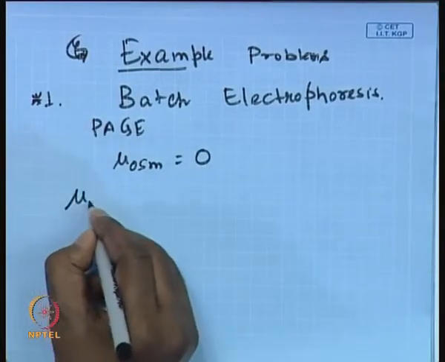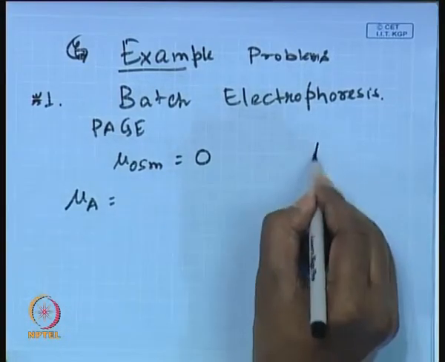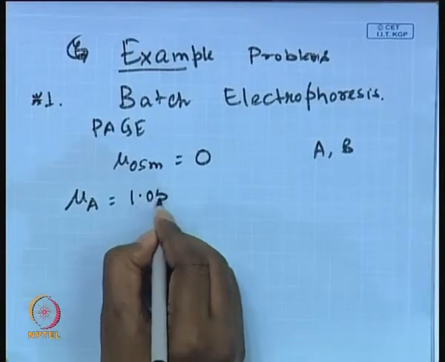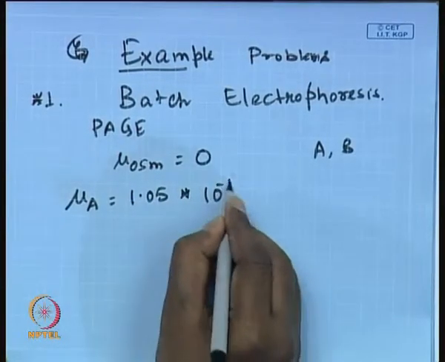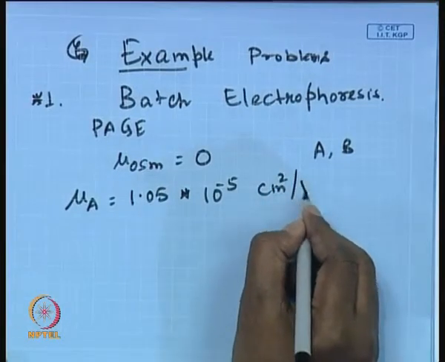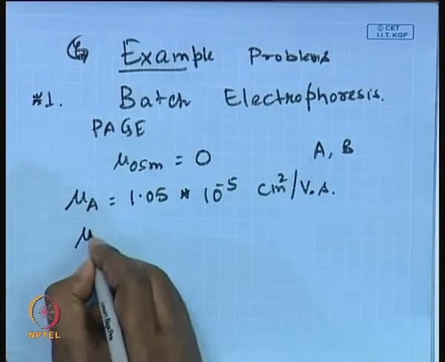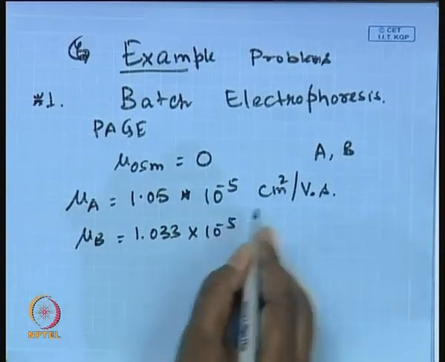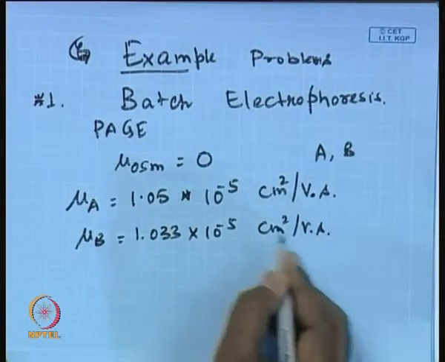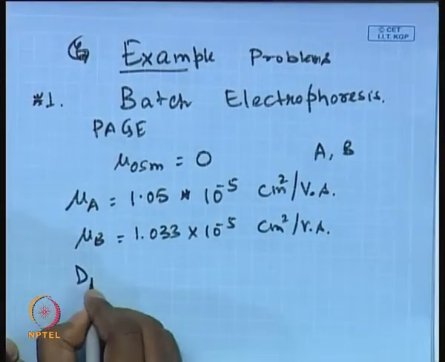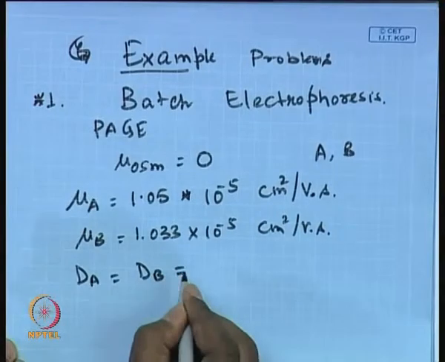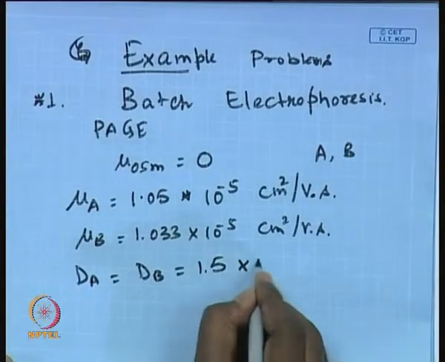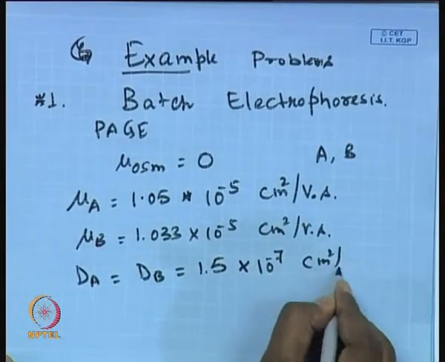There are two species present, A and B. The electrophoretic mobility for species A is 1.05 into 10 to the power minus 5 centimeter square per volt second, and mu of B is 1.033 into 10 to the power minus 5 centimeter square per volt second. The diffusivity of the two components are very close, and they will be equal for this example, 1.5 into 10 to the power minus 7 centimeter square per second.